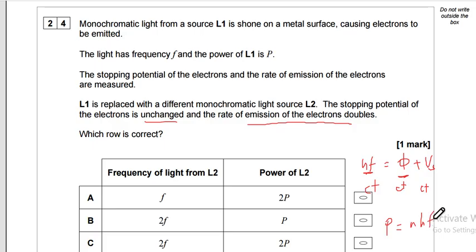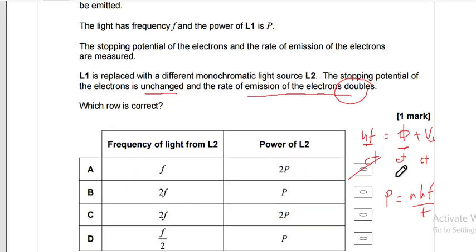It equals the energy of the photon times the number of photons over time. For the same time, if we have the same f, this means that N for L2 is greater than for L1, or as it doubles here, this means it doubles and the frequency is the same. So the answer is A.